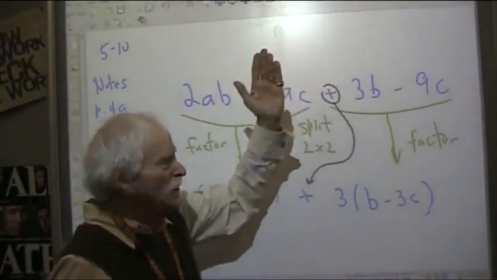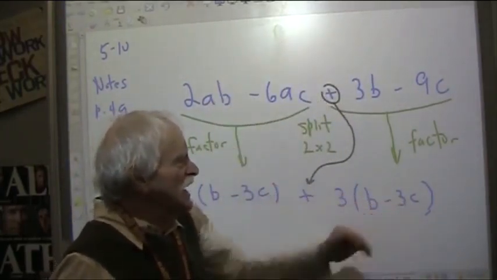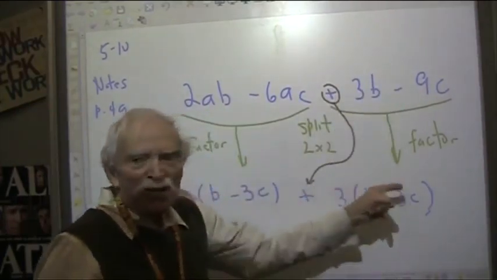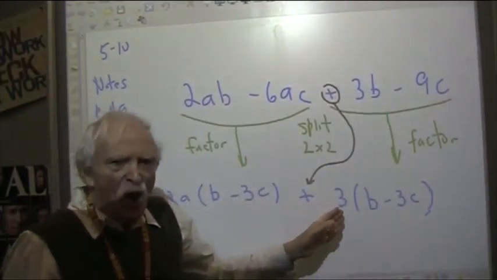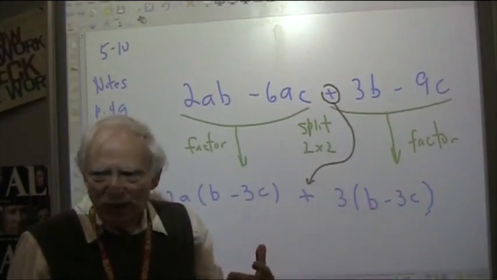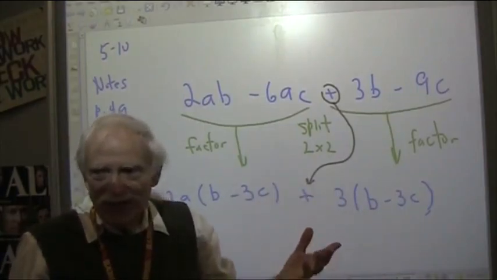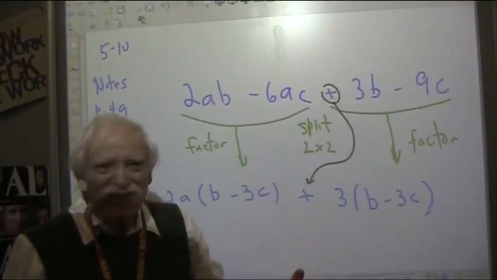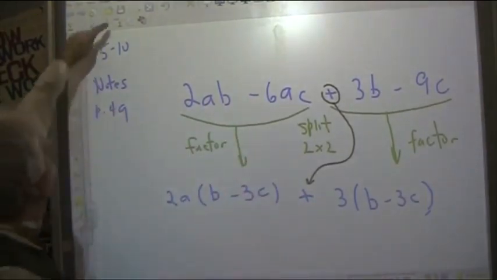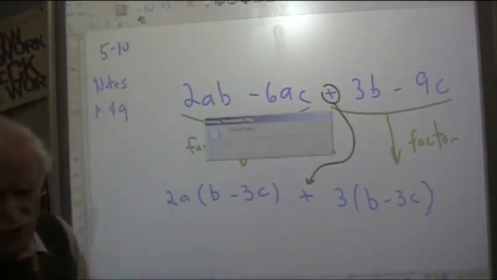Plus 3b, right? And plus 3 times negative 3c is what? Negative 9c. Of course, in all these checks, ladies, you're always checking a monomial times a monomial as the breakdown. So you're using SNV all the time. You figure out the sign, then the number, then the variable part. Pretty cool?